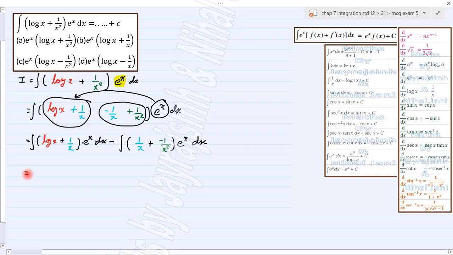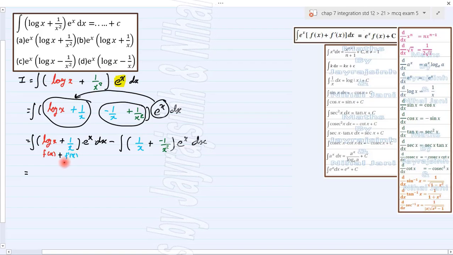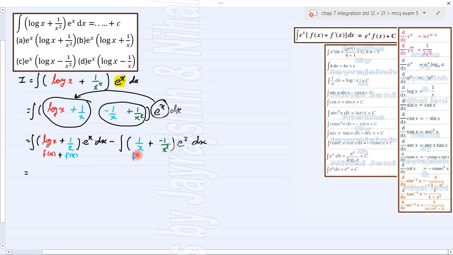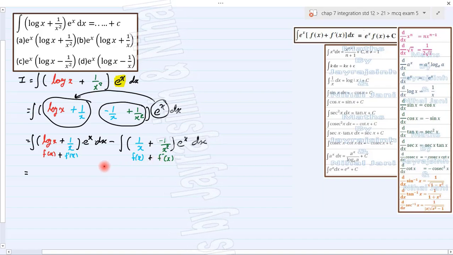So, in the first term, we get f(x) plus its differentiation, and the whole function is within the multiplication of e raised to x. Similarly, in the second term, we get 1 by x as your f(x), and the differentiation is minus 1 by x square. So we can say f dash x is also available within the summation.